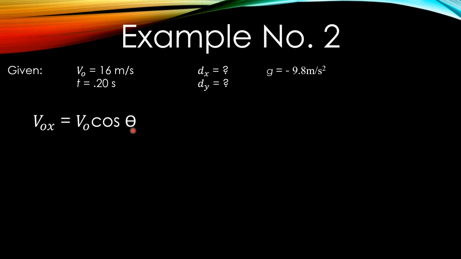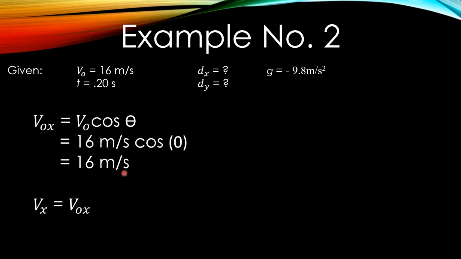For this example, the initial velocity is 16 meter per second. Again, the angle is equal to 0. Let's substitute the given. We have 16 meter per second cosine 0. We have the product 16 meter per second.